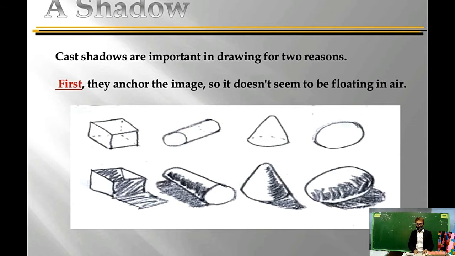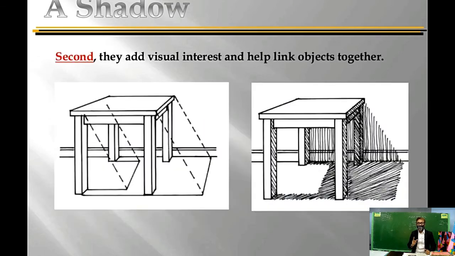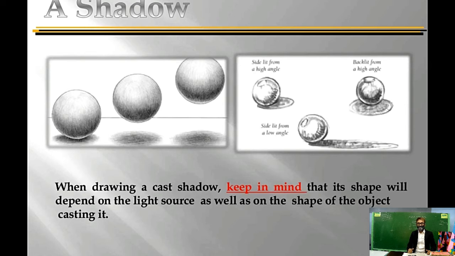A shadow. Cast shadows are important in drawing for two reasons. First, they anchor the image so it doesn't seem to be floating in air. Second, they add visual interest and help link objects together. Just observe carefully the figures, the drawings in these slides.